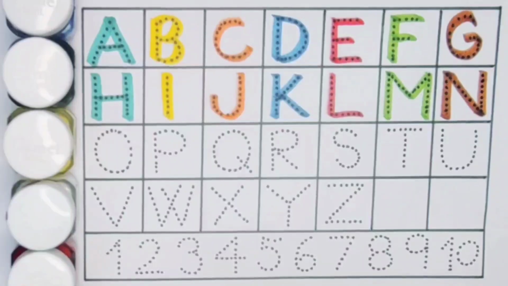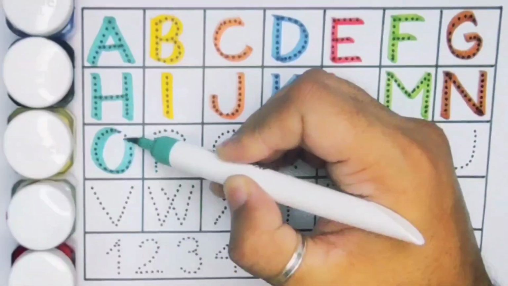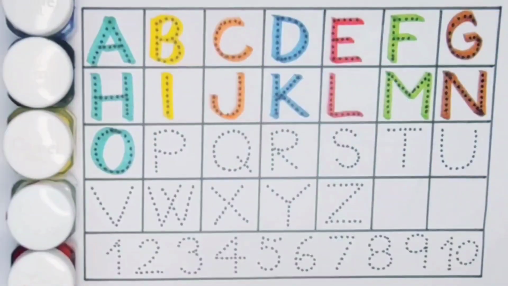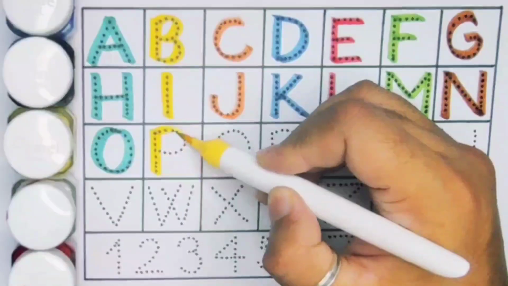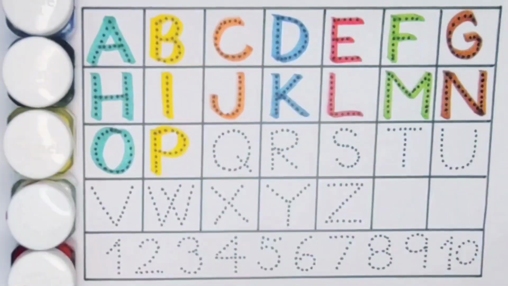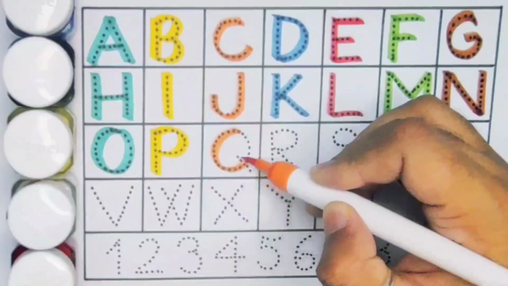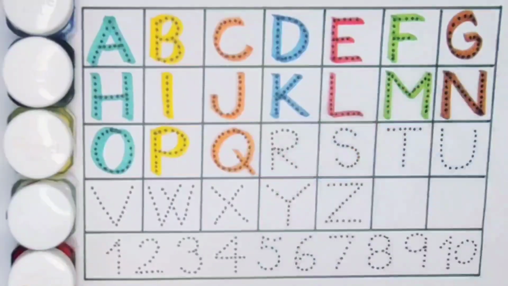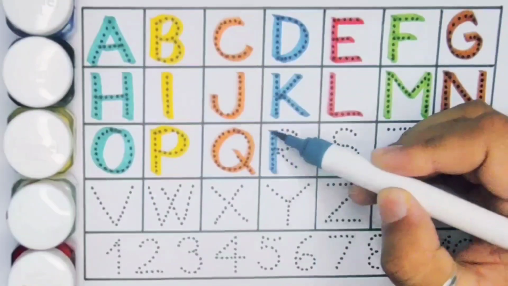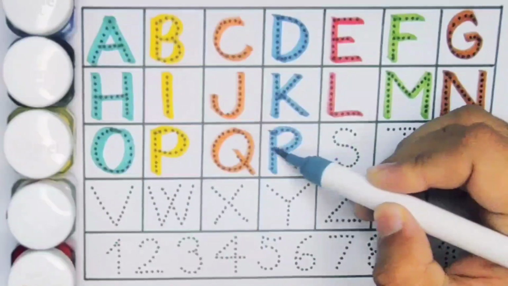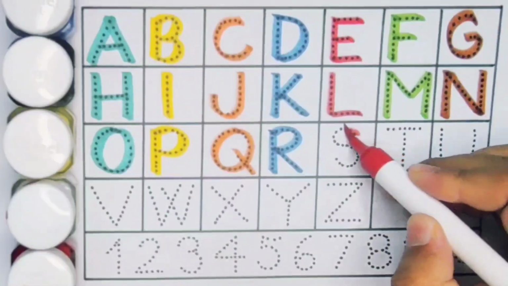Next kids, O for octopus. Next, P for paper. Next kids, Q for quail. Next kids, R for rabbit. Next kids, S for star.